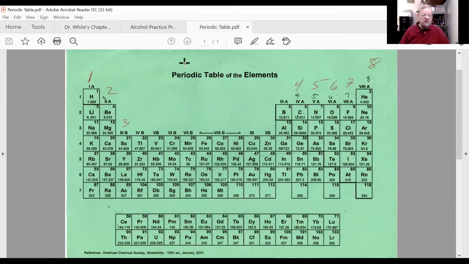Now, I'm going to have you do one. What ion does calcium form? And I'll help you out in case you can't see it. Calcium is right here. And the first thing you have to figure out numerically, what is the nearest noble gas? Give you 3 more seconds.